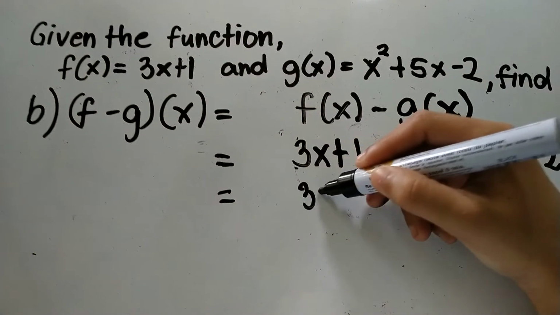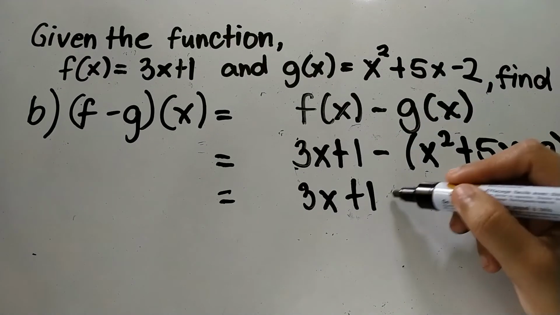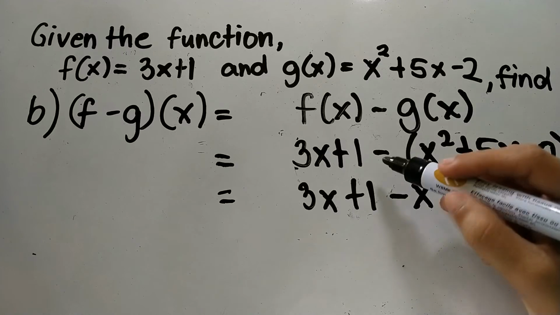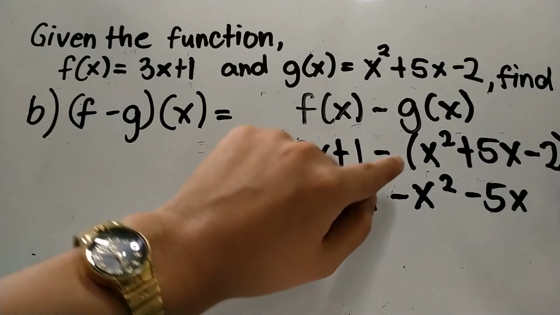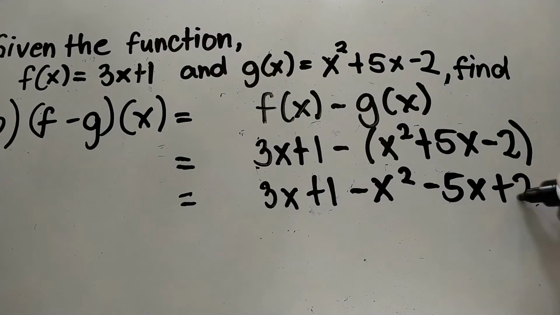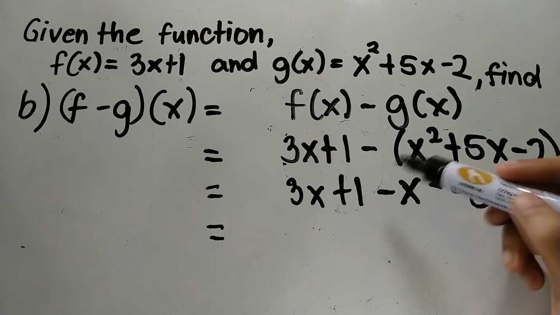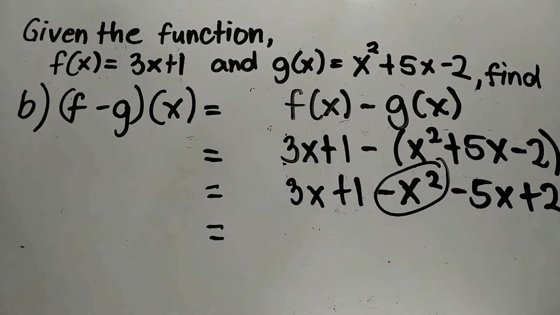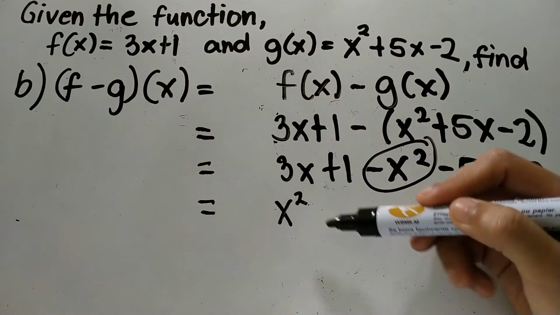Okay, so 3x plus 1. Negative times negative x squared, it's negative x squared. Negative times positive 5x is negative 5x. And negative times negative 2, it's positive 2. And again, we will add like terms. For adding of like terms, we do not have same terms for x squared, so we have x squared.